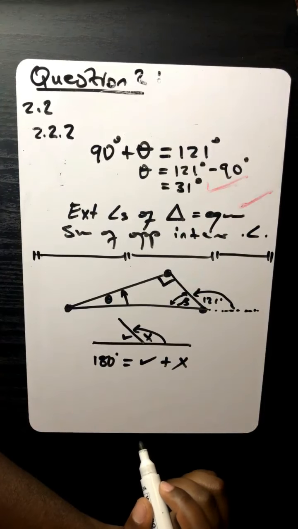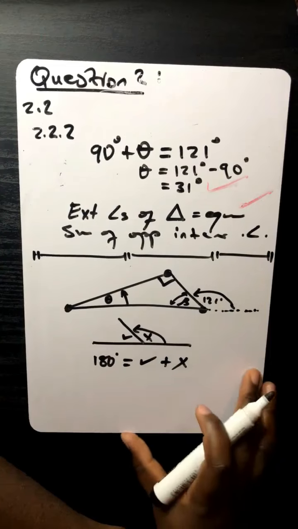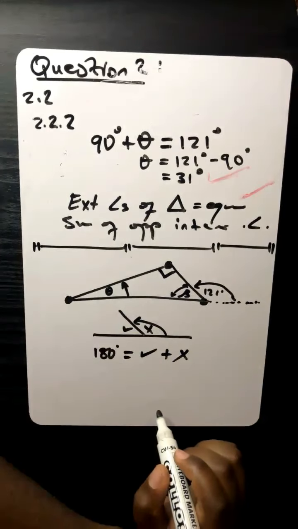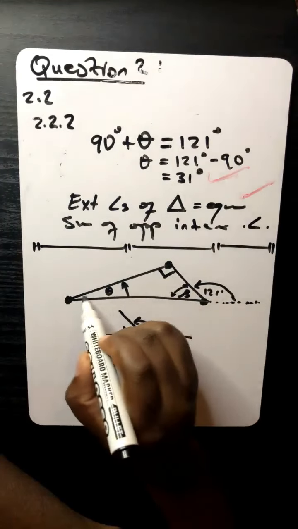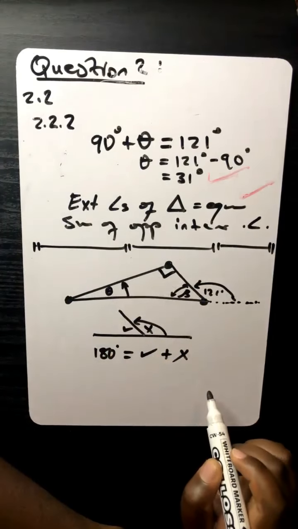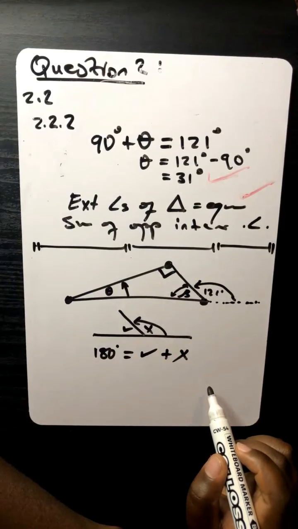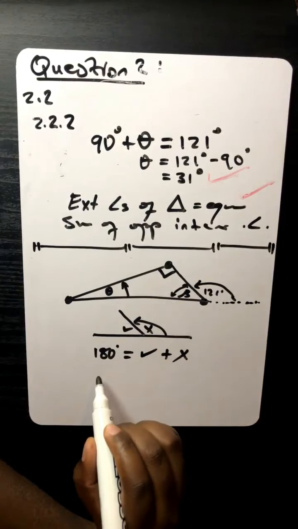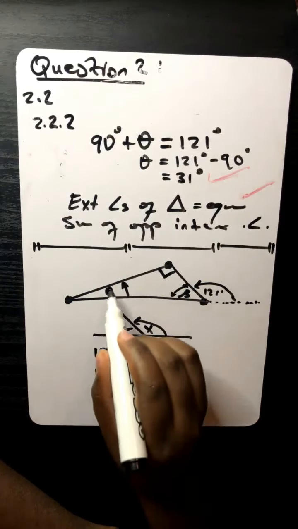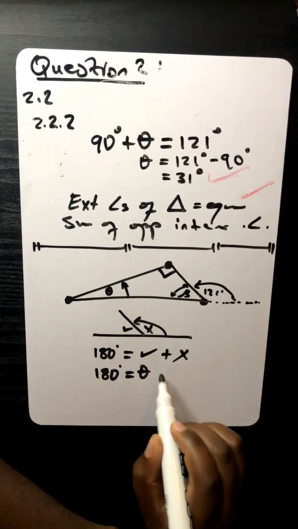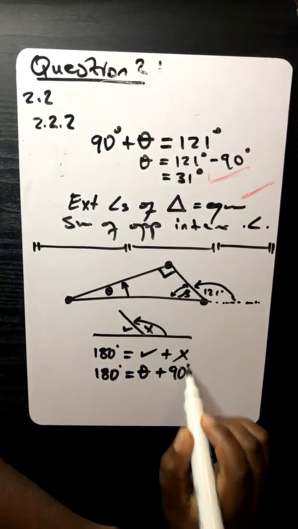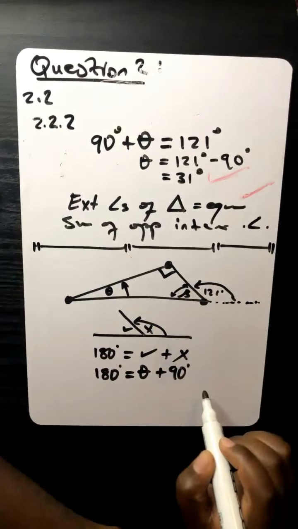Yes, sir. So, guys, that means the moment we know the value for that angle, then we know again that the sum of the interior angles of a triangle is still equal to 180. So Zanda would say 180 degrees will be equal to that angle theta plus that angle we know is 90 degrees plus that angle.